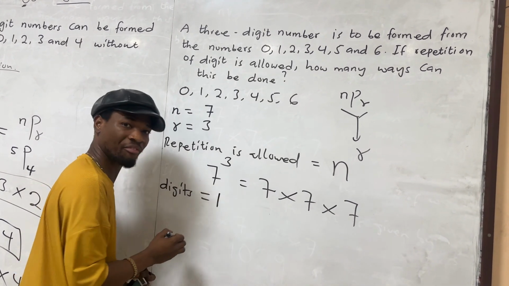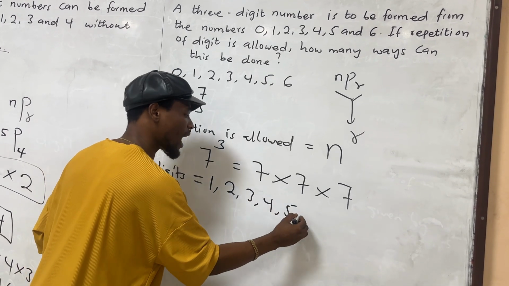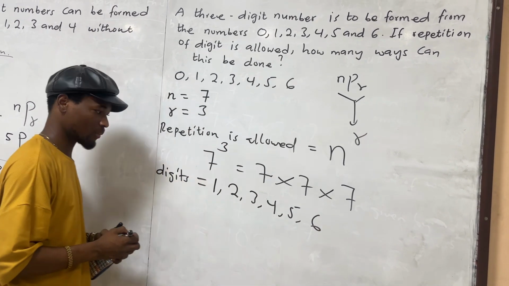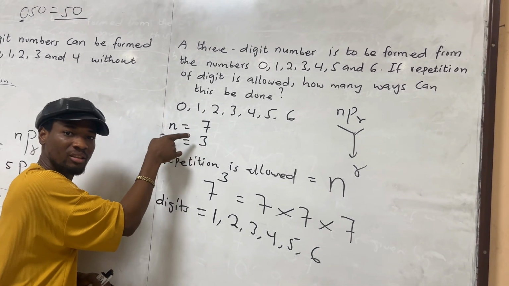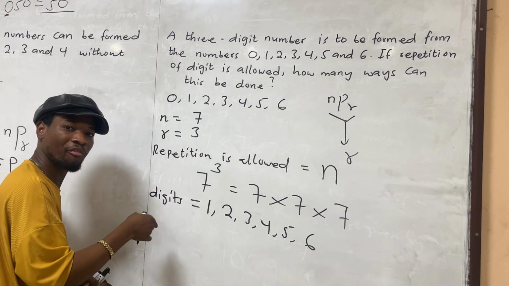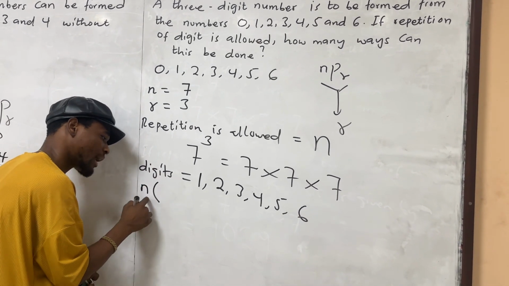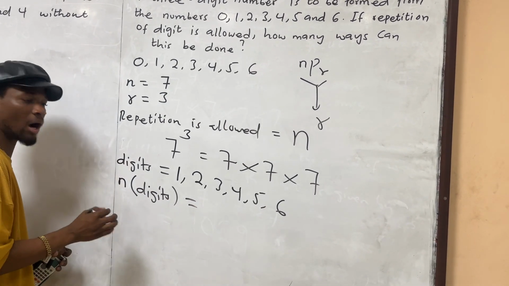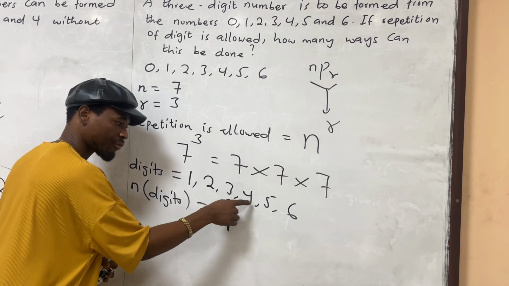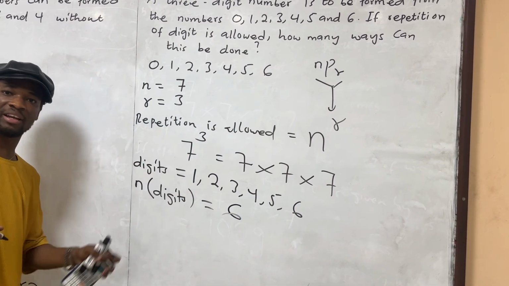So 1 is our first digit, then 2, 3, 4, 5, up to 6. Having done this, let's look out for our new n, the number of those proper digits. Let's do the counting: 1, 2, 3, 4, 5, and 6. So I have 6 digits.